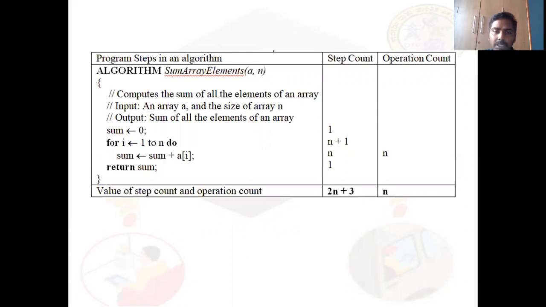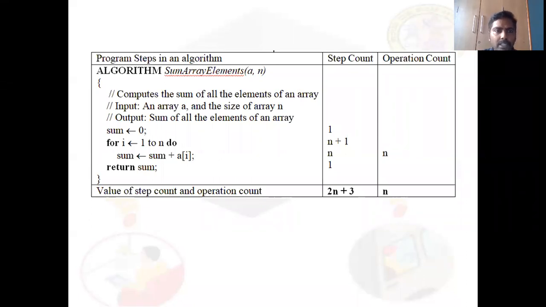What I said in the previous session is that I won't consider real time, because the real time an algorithm takes may vary from one machine to another because of changes in processor speed and other factors. So for computing time efficiency, we use an independent metric, that is either step count or operation count. I think all of you remember that.